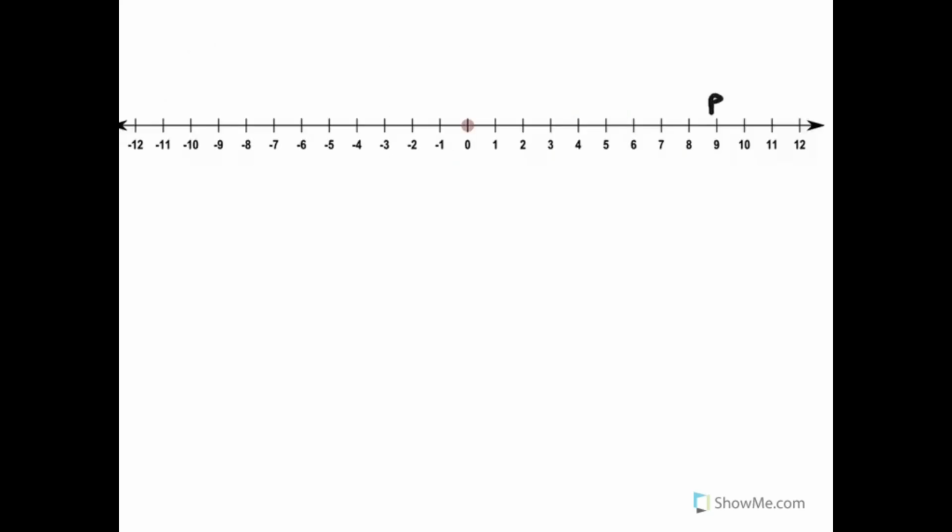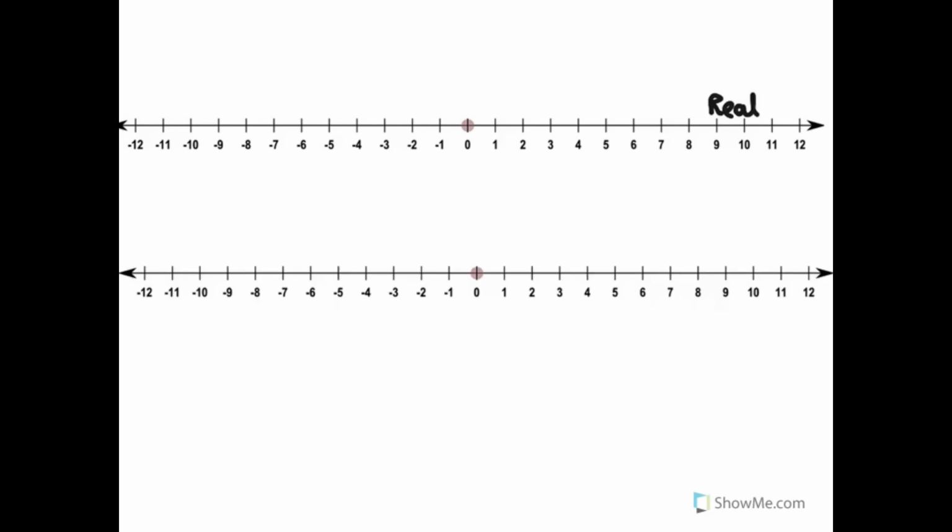If the real numbers are all the numbers on the number line, where should we put the imaginary numbers? They're going to need their own number line, because every real number can be multiplied by i to give us an imaginary number.